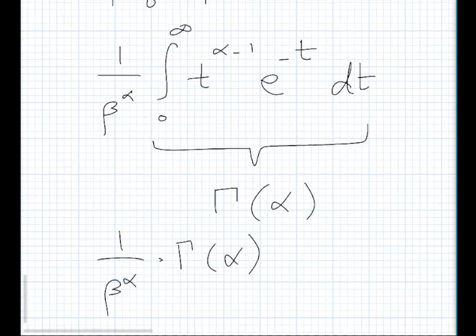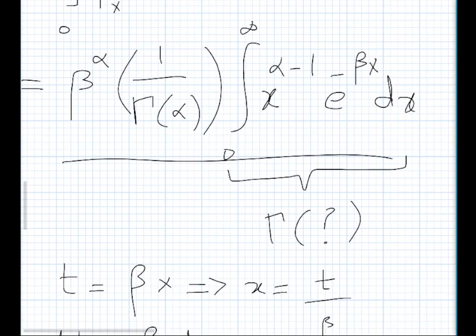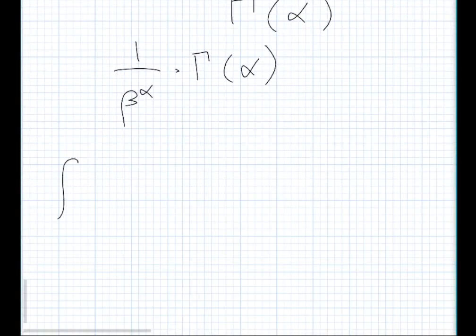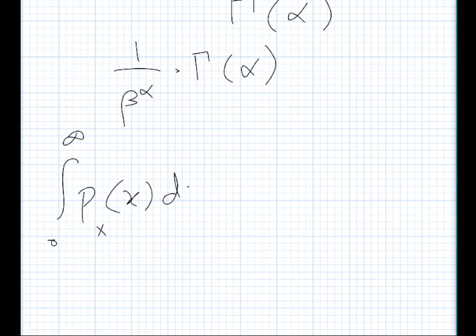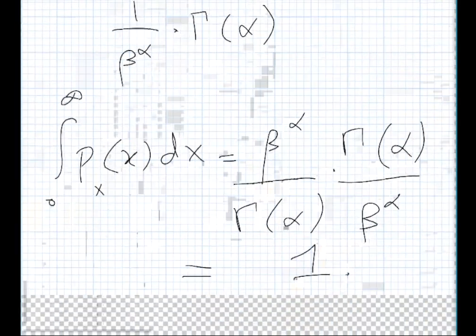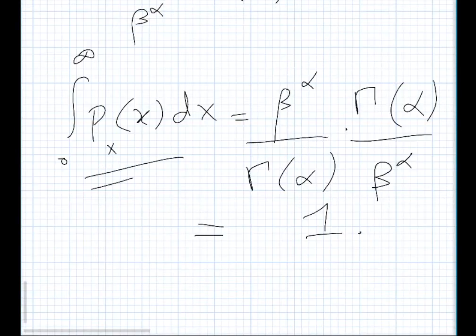Now let's go back to our initial form. So our integral from 0 to infinity of p of x dx is equal to beta to the alpha over gamma of alpha times gamma of alpha divided by beta to the alpha. This is equal to 1. So this means that our PDF is actually a valid PDF.